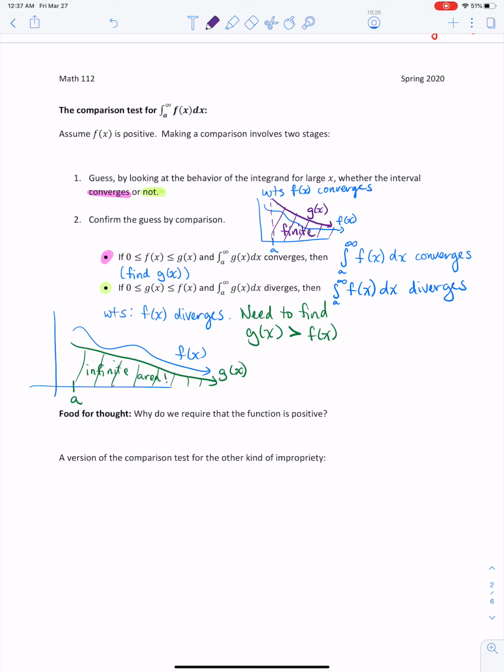So these are the two pictures here that I think are good to keep in mind when you're thinking about the comparison test.